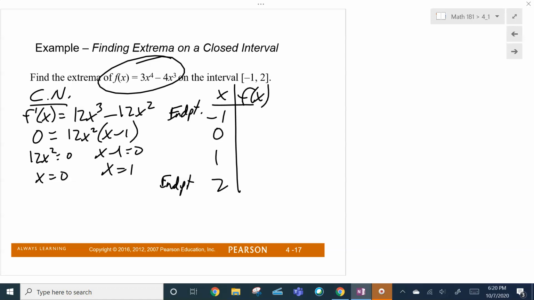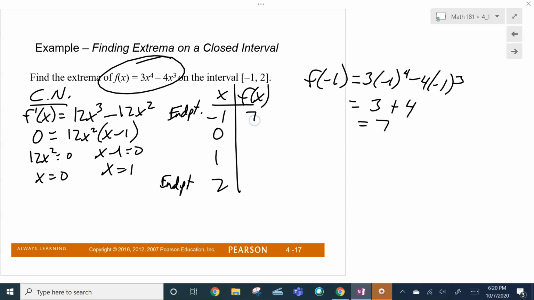So we plug in -1. So f of -1, 3 times -1 to the 4th minus 4 times -1 cubed. I'm plugging it into the original function, and we get 7. Plug in 0, we get 0. Plug 1 in, we get -1. Plug 2 in, we get 16.